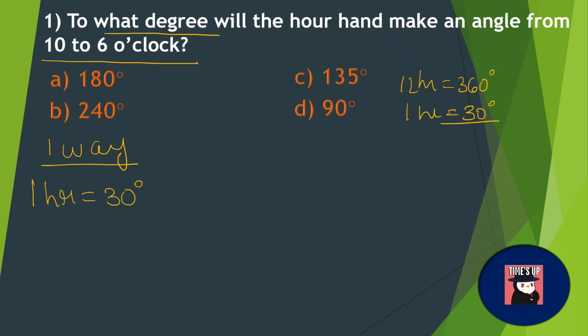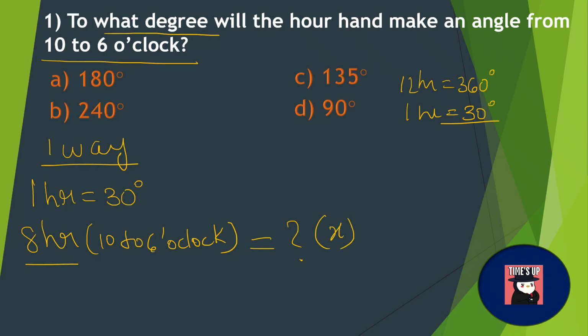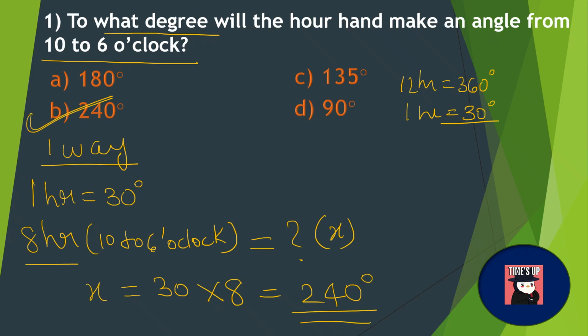So if 1 hour is equal to 30 degree, then 8 hour is equal to what? If I put x here, then x is equal to 30 into 8. So that comes to 240 degree. So answer is 240 degree. B is the correct option. This is one way to solve it.